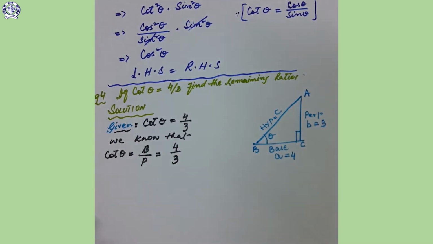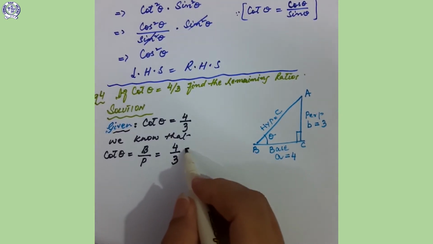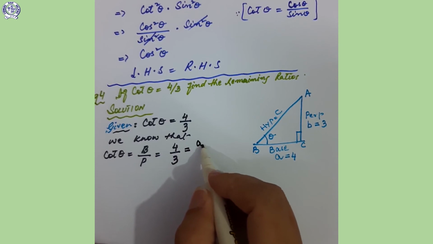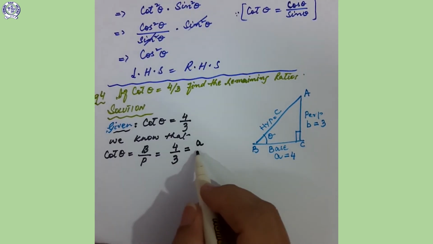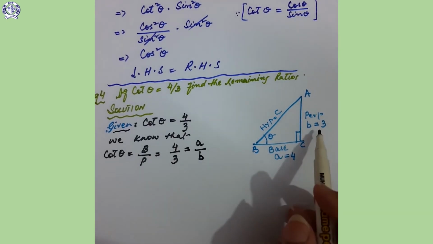So you will make the figure according to the question. Whatever values are given, you will write them and then solve it. Now you can see two sides are there.